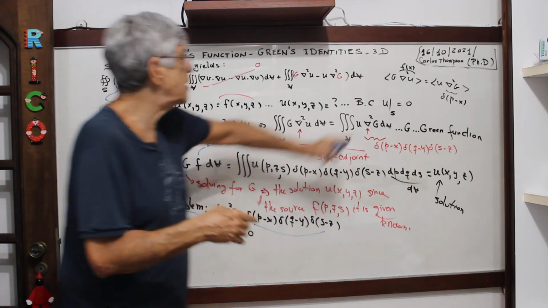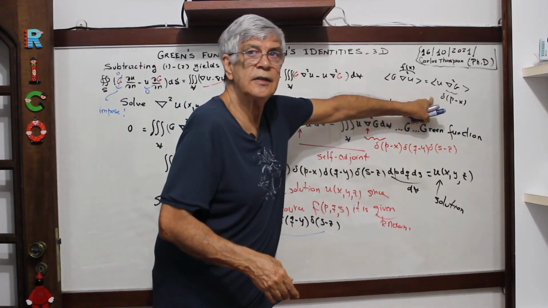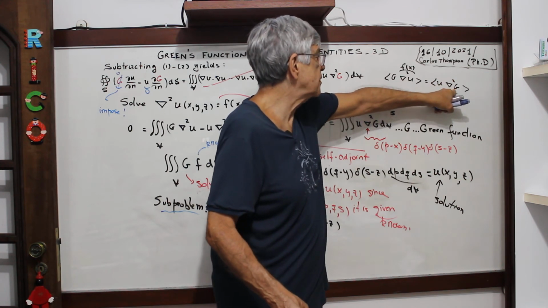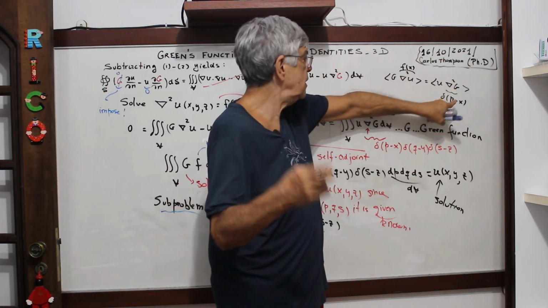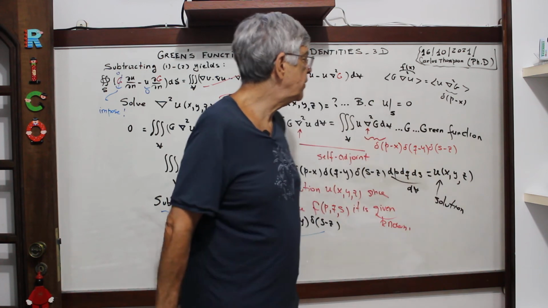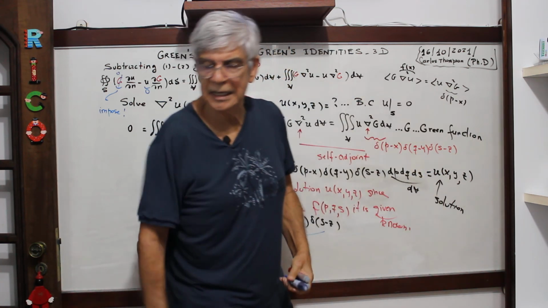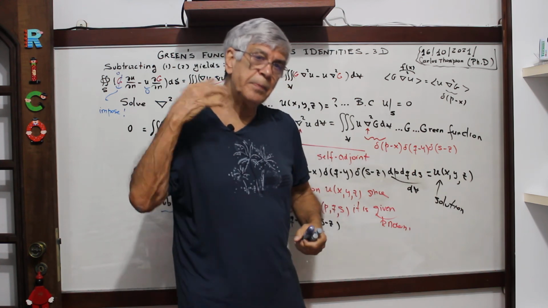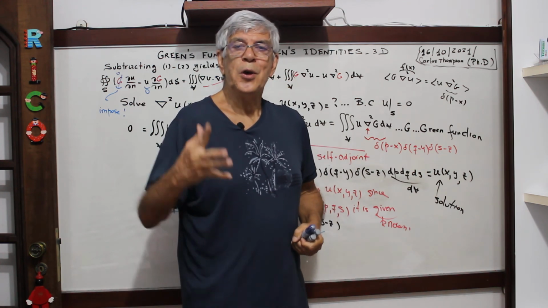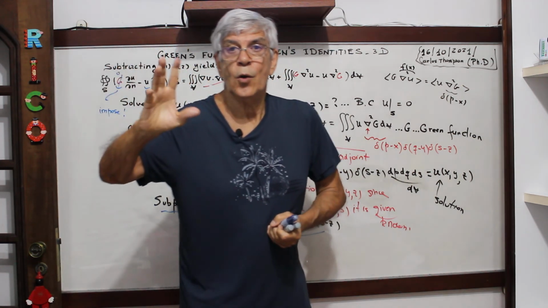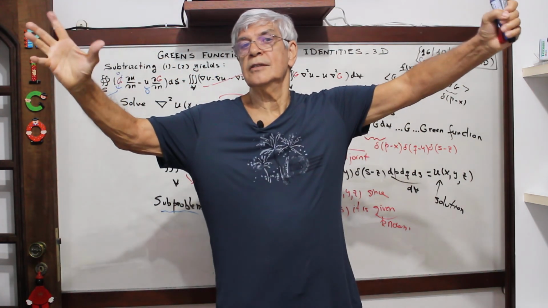And then I'll give an example using this and substitute the Laplacian of the Green function for G related to this impulse. That's clear.